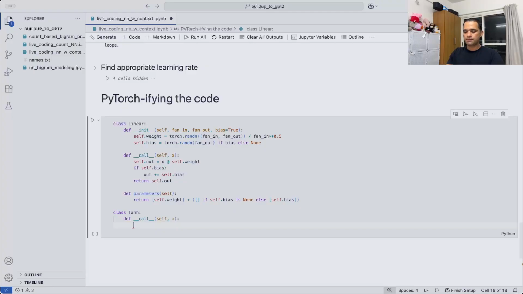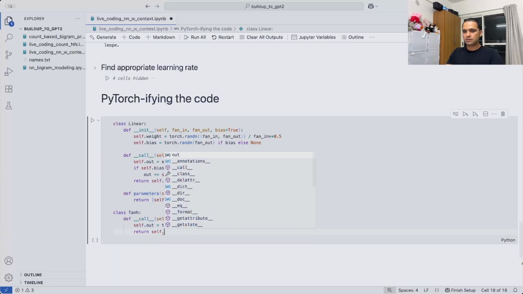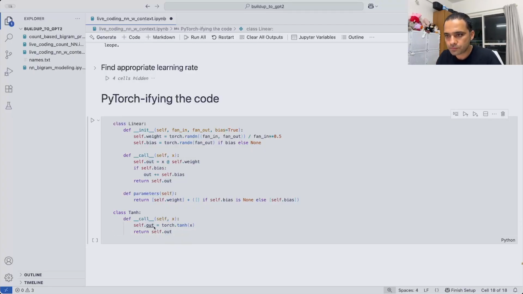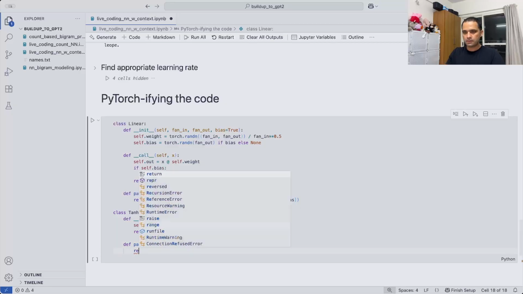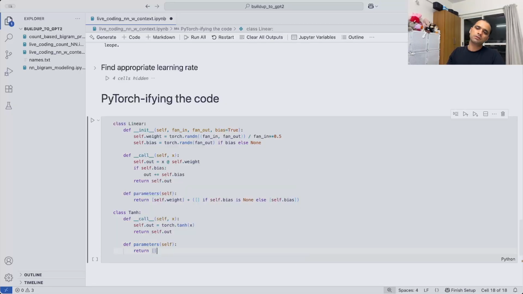So self.out equals torch.tanh of x, and we return out. And we can also define a parameters method that takes self, and it will return an empty list because there won't be any trainable parameters in tanh.